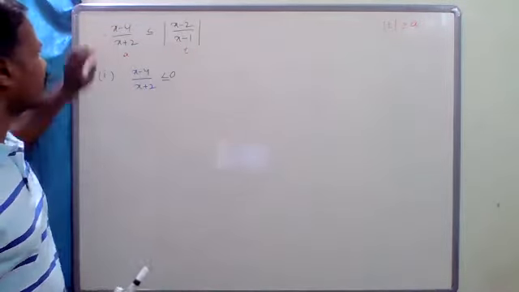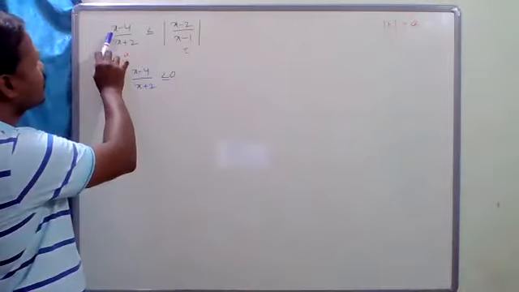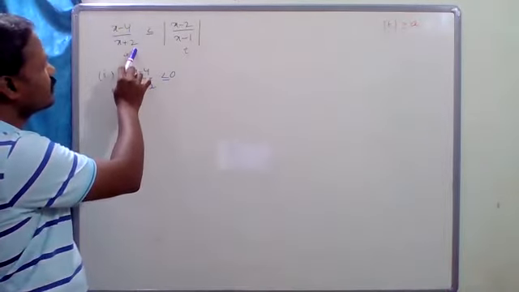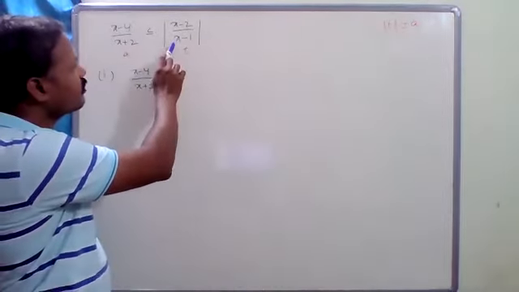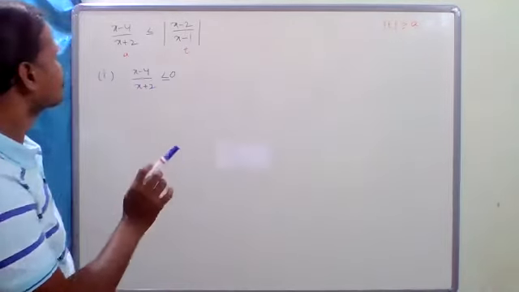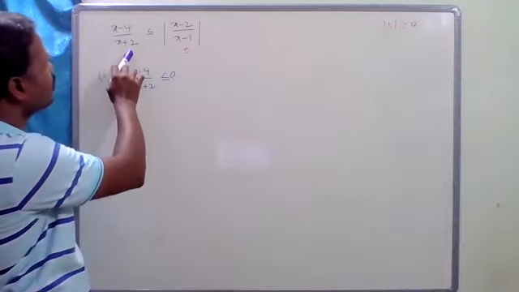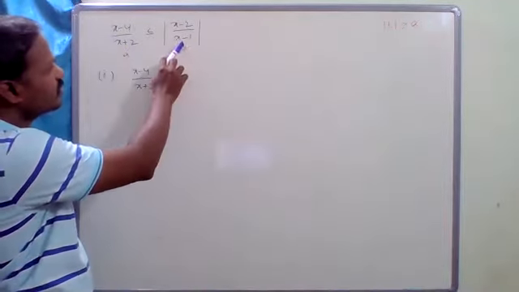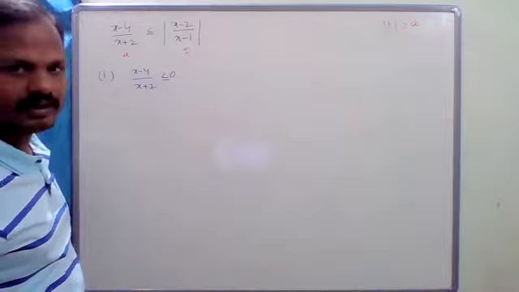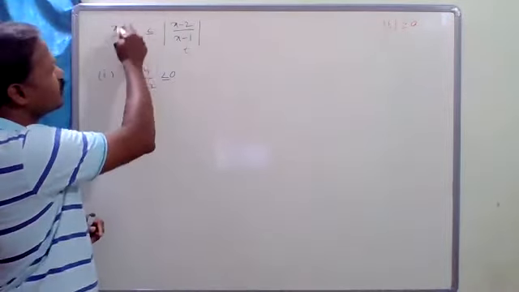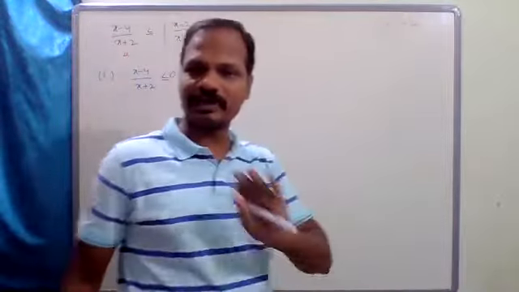For example, I am taking x equal to 1, then this is minus 3 by 3, which is minus 1. Of course x equal to 1 is not possible here, so I will take x equal to 0. For 0, this is minus 4 by 2, which is minus 2, and the modulus is 2. So if a is negative, this condition will always be satisfied.